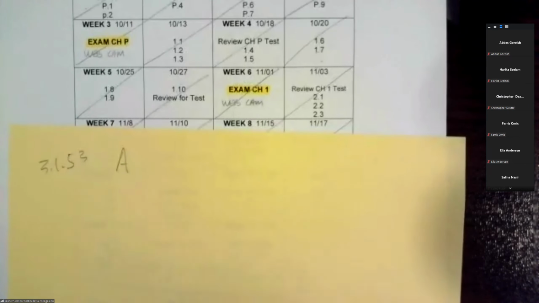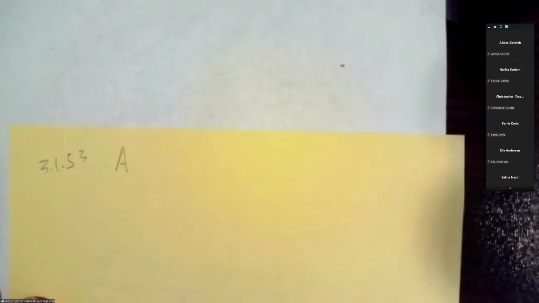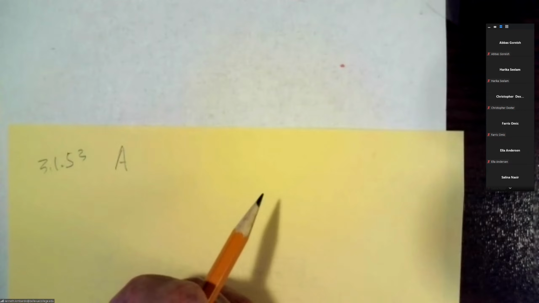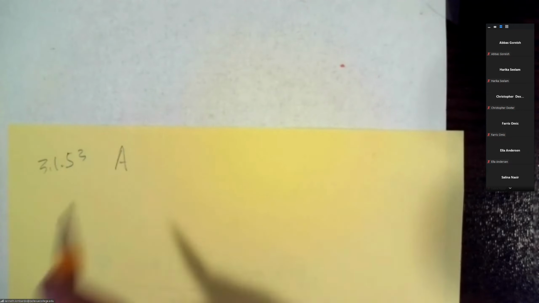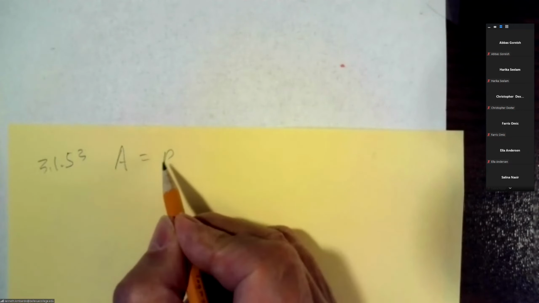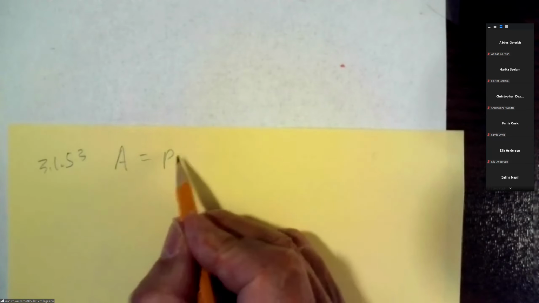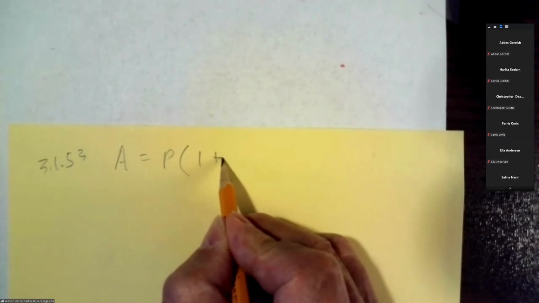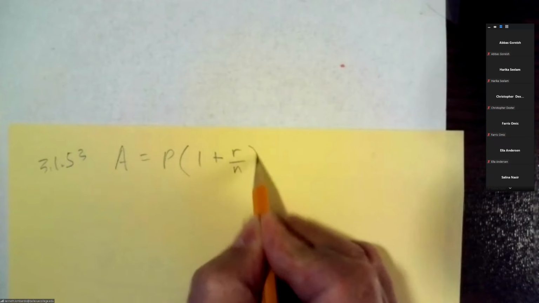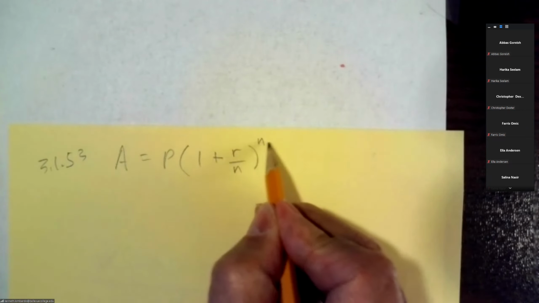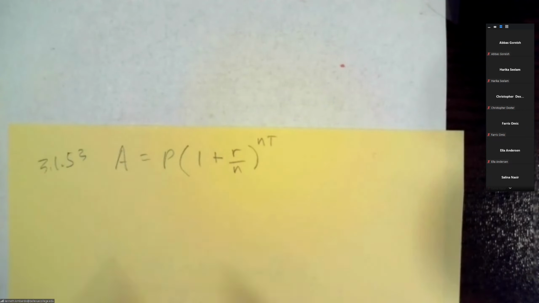A, the amount, equals the principal amount times 1 plus R over N, to the power N times T, where T is the number of years and N is the number of compounding periods.